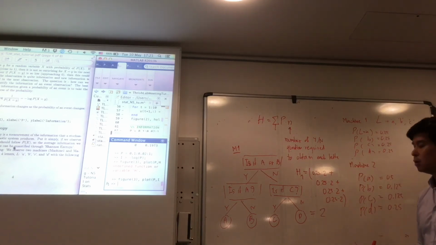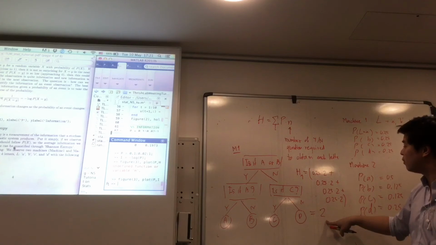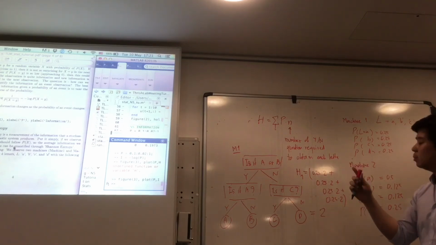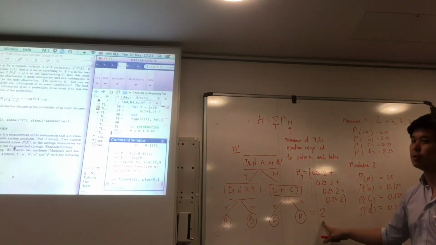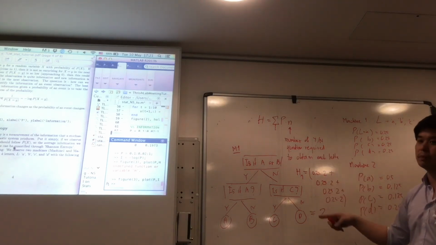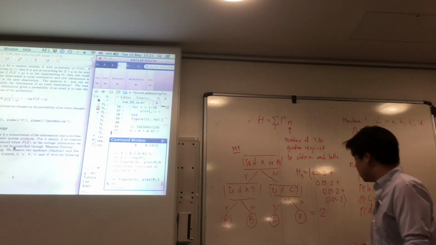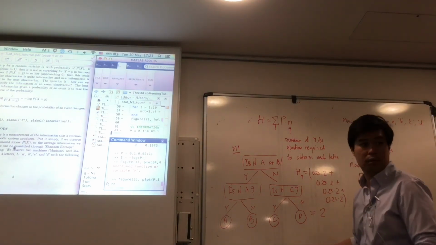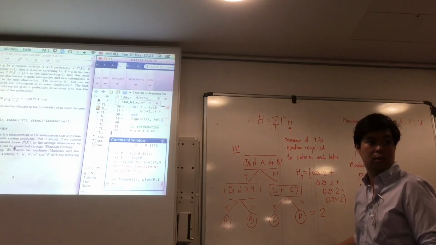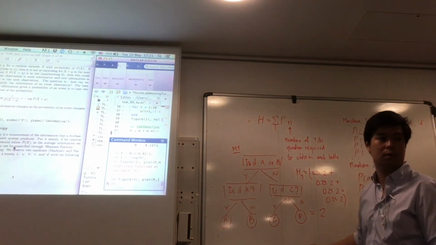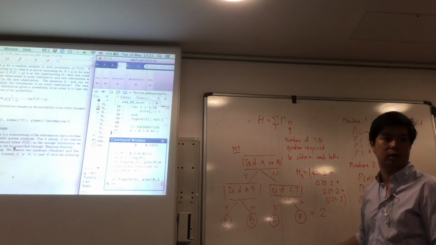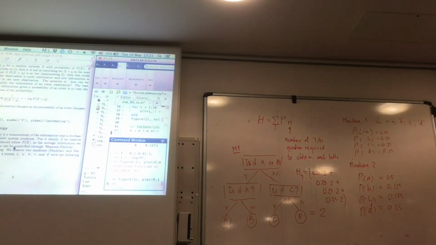So this is the entropy of machine 1: the average number of yes or no questions you have to ask to get an answer.